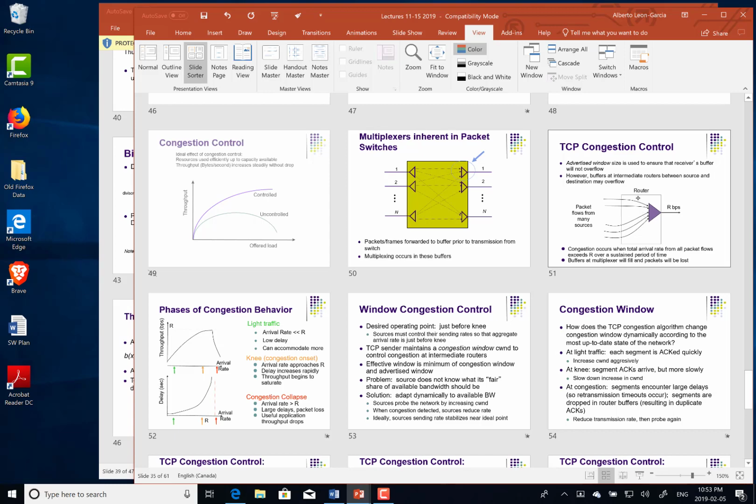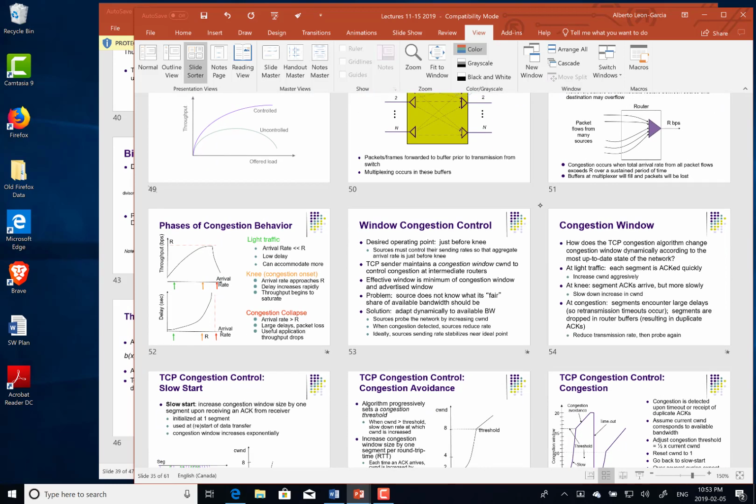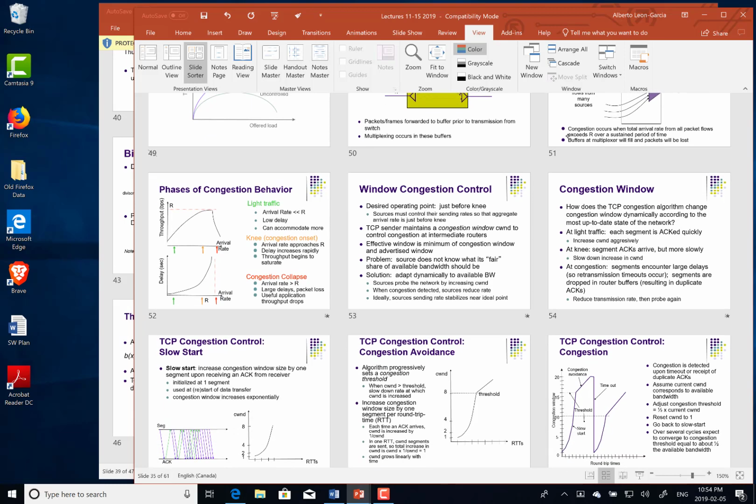And so what TCP congestion control does, it has the senders monitoring the rate at which frames or acknowledgments are coming back to determine if everything is okay or not. If it's okay, they continue sending at their speed, but if it's not okay, they slow down. Okay, and the process of how you do that is through the mechanism of a congestion window, CWND.